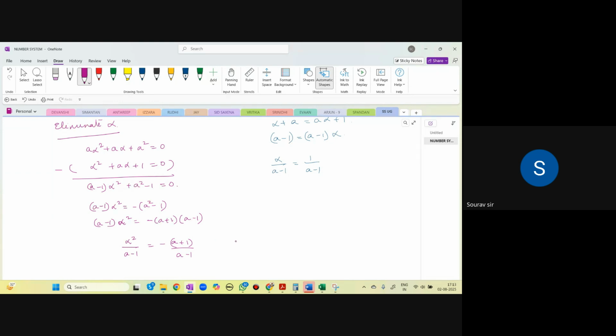Understood? Is it clear, guys? Or you can also write alpha square by minus of a plus 1 is 1.